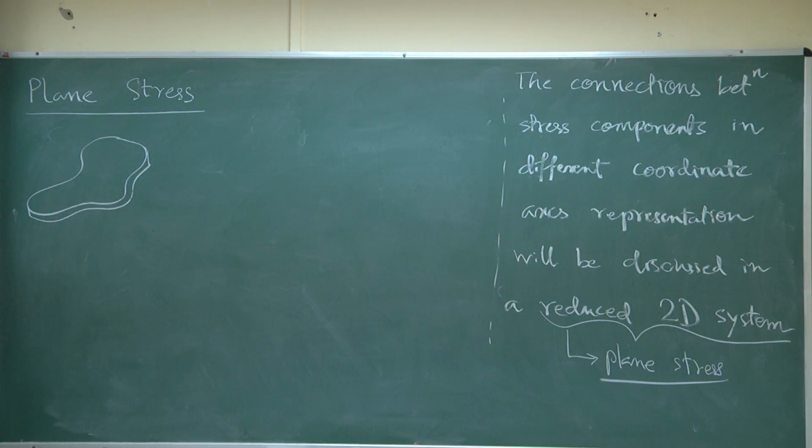This is only one instance of a plane stress example, but it will help us to concretize our ideas if we look at this example. This is like a general shaped plate. This thickness is very small compared to the lateral dimensions of this plate. This is like a dish.